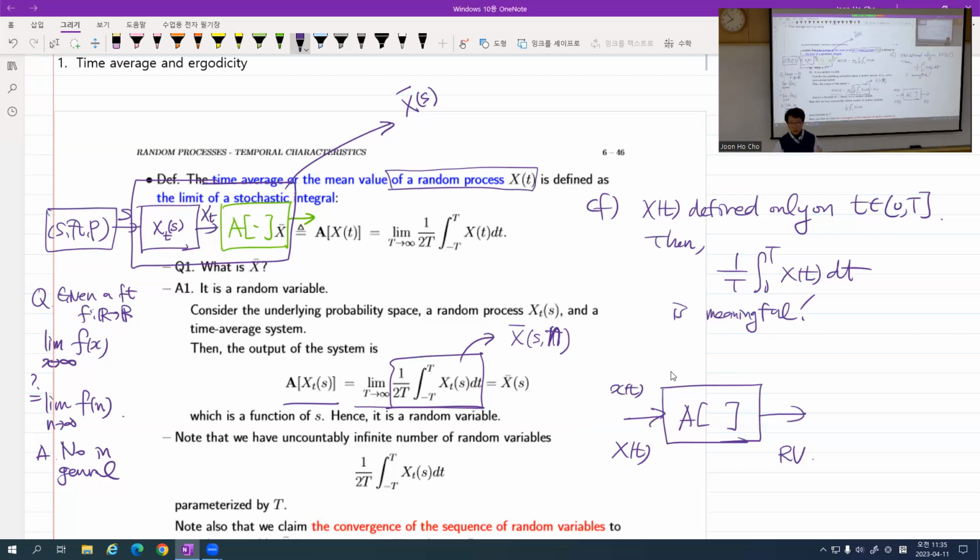In your first calculus course, I still remember that day when I was a freshman, the professor just said, okay, let's define the limit of a sequence of real numbers. I said, I already know that. And he started with, for every epsilon positive, there is n of epsilon, blah, blah, blah.